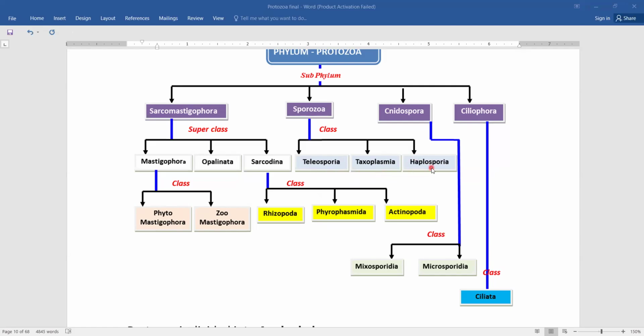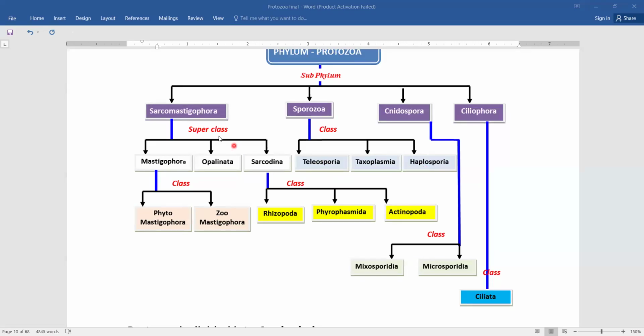You don't need to remember all these classes, but if you do, sometimes it will be a good fetch for you. Ciliophora has one class, Ciliata. Cnidospora has two classes. Sporozoa has three classes, TTH.